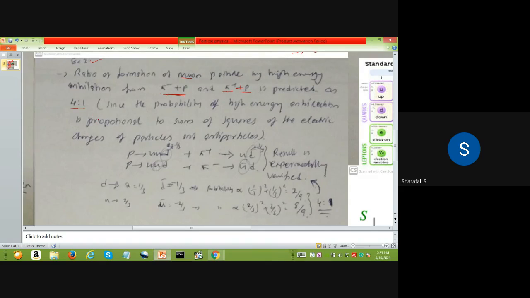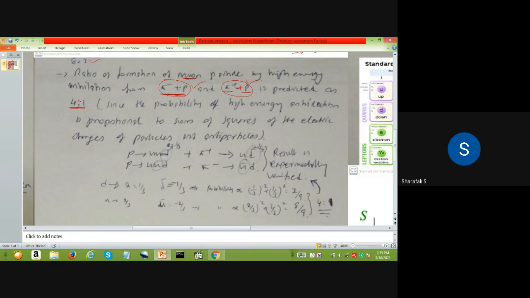So by the Quark model, if you consider the high energy annihilation of pi minus and proton, and the annihilation of pi plus and proton, and take the formation of muon particles in each annihilation, the predicted ratio is 4:1.